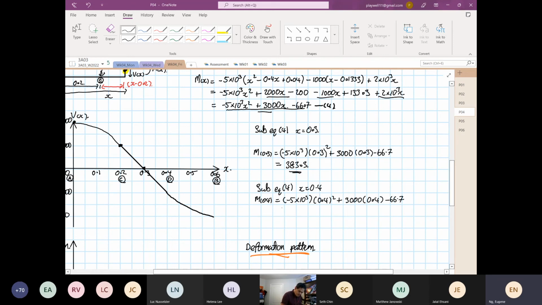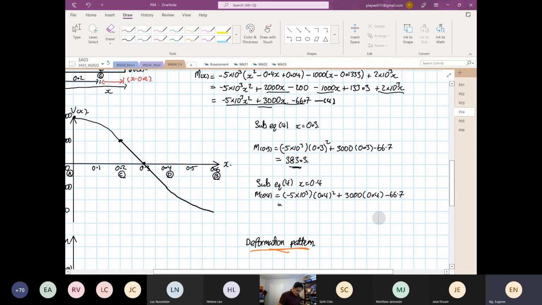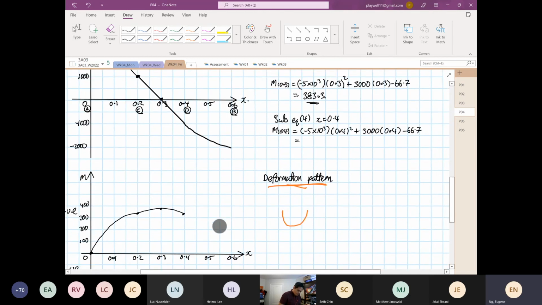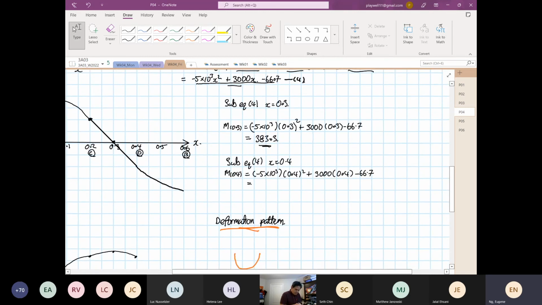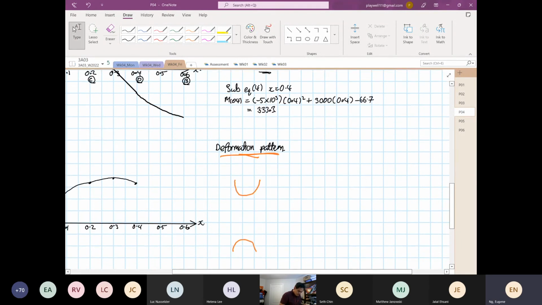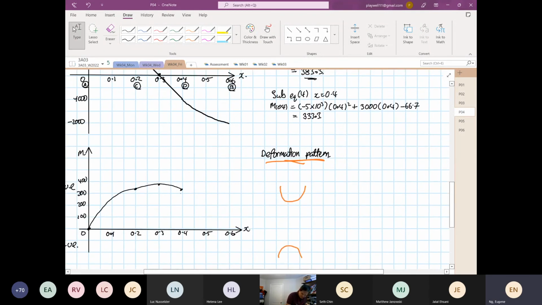It should be lower than 383.3. It should be the same as at 0.2. So that is equal to 333.3, exactly down here. And then you will have a parabola coming down.